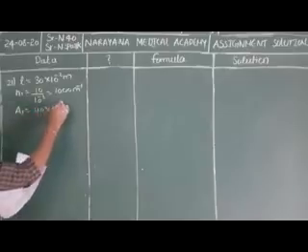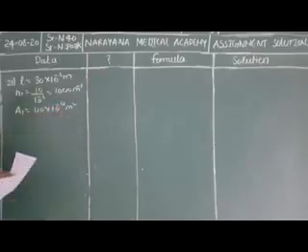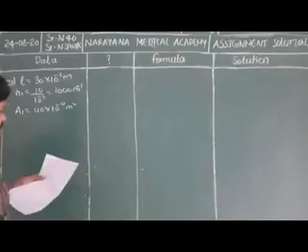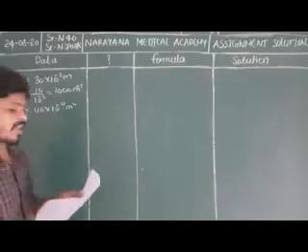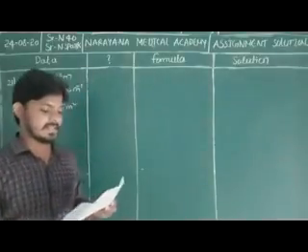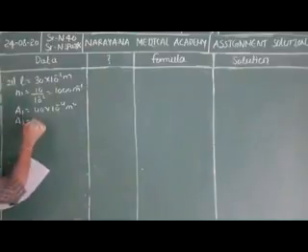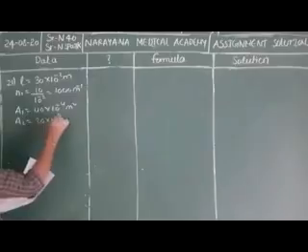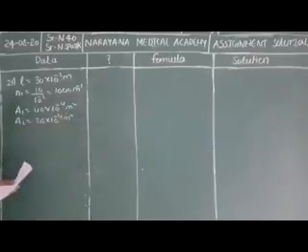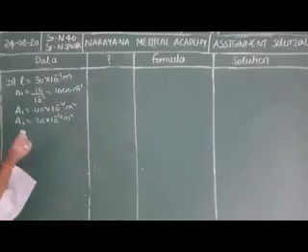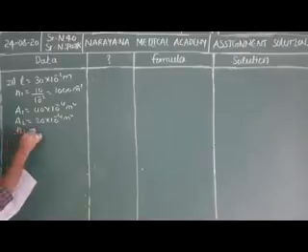And cross section also given. Area A1 is equal to 40 into 10 to the power of minus 4 meter square, because the option unit is in SI unit. That surrounds another coaxial solenoid of same length, but area of cross section is different. That is why A2 is equal to 20 into 10 to the power of minus 4 meter square.